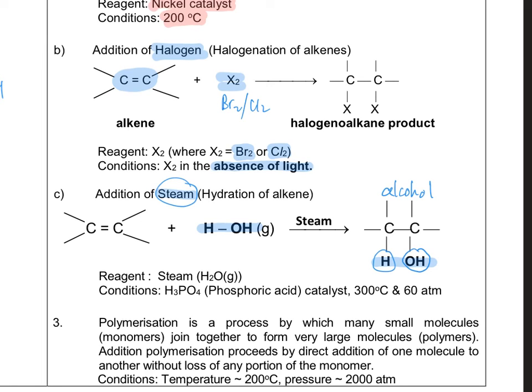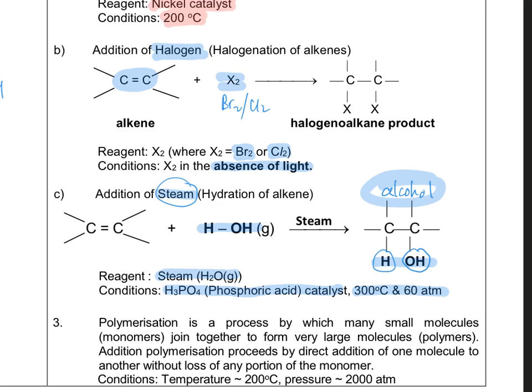So in order to add steam, your reagent must be steam, and your condition is that you must have phosphoric acid as catalyst, temperature 300 degrees Celsius, and a pressure of 60 atm. So this is important. This is addition of steam to produce alcohol.